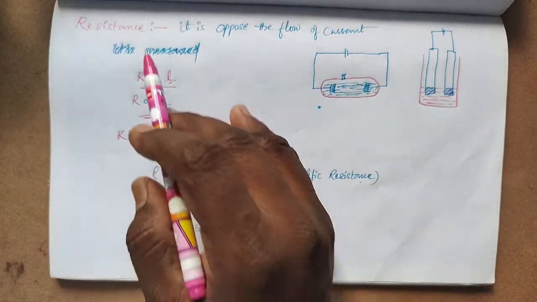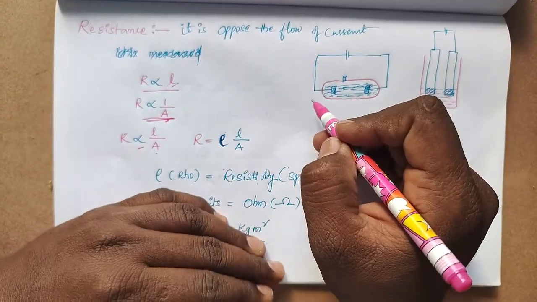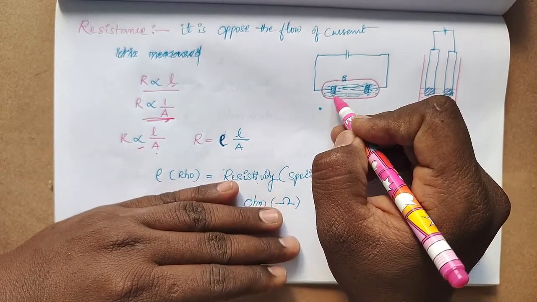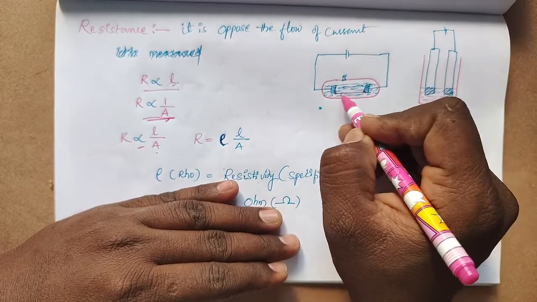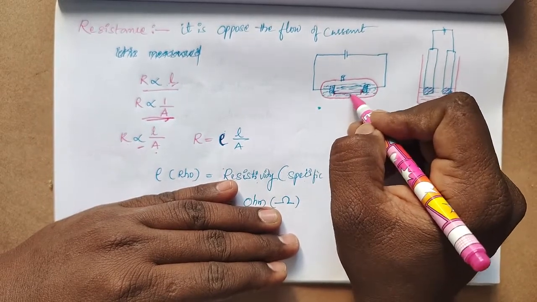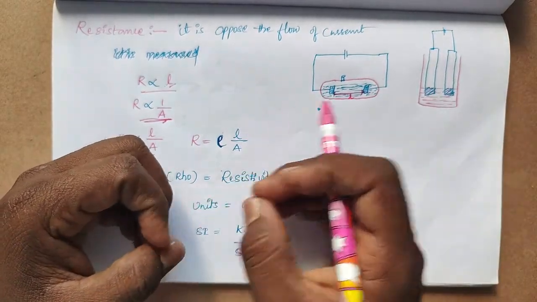R is the resistance, directly proportional to the length, which is the length between the two electrodes. So if the L value increases, resistance increases.